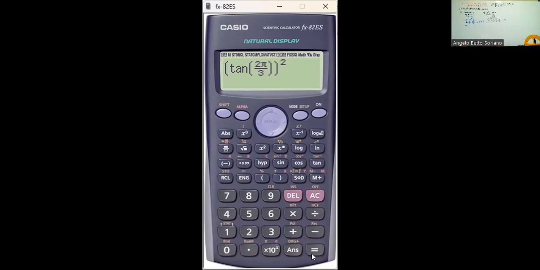It doesn't matter because inside this equation there will be negative square root of 3, and elevated to the second power it will be 3. And that's all we have to do for this part.